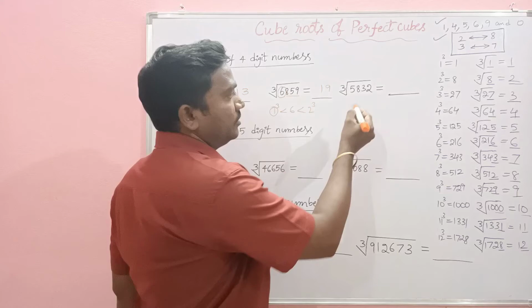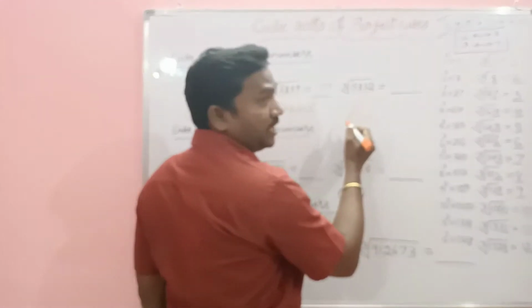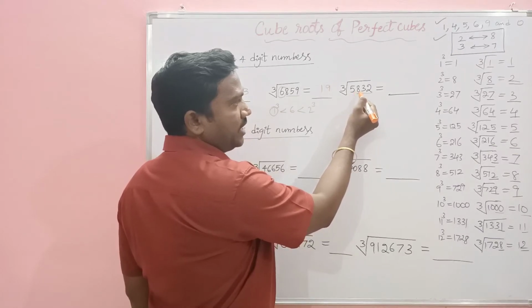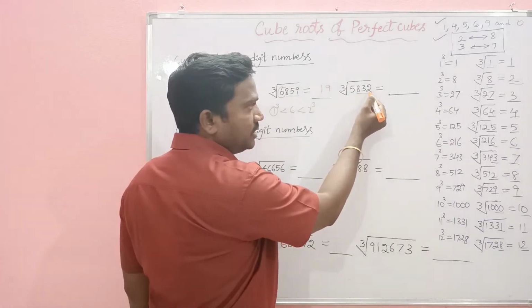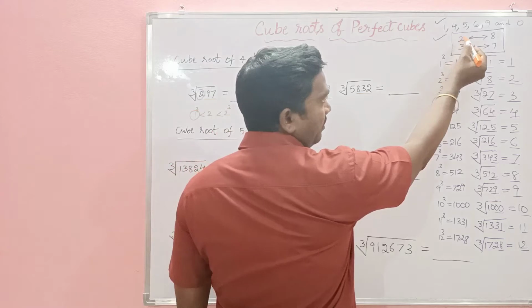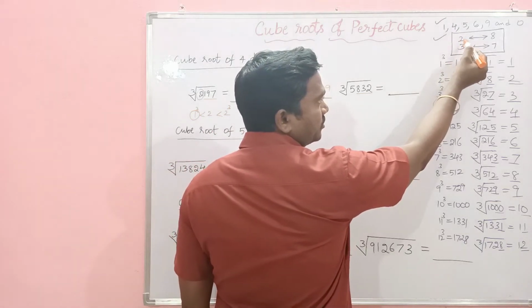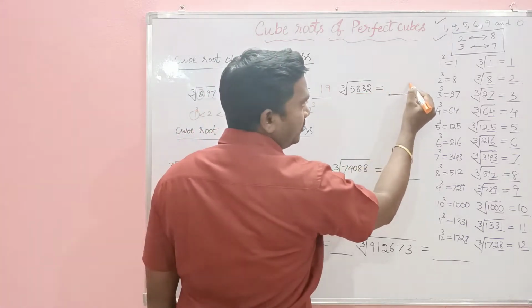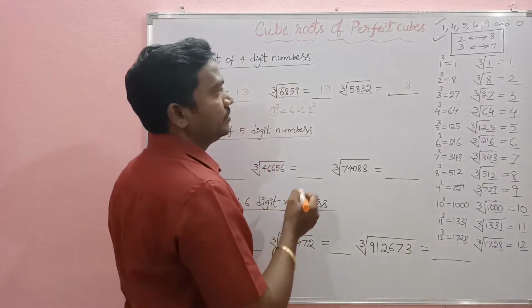Let us see one more example. Take the last 3 digits as one part. Here the given number 5832 ends with the digit 2. We know that if a number ends with the digit 2, then the cube root of that number ends with the digit 8. So here the units place is 8.